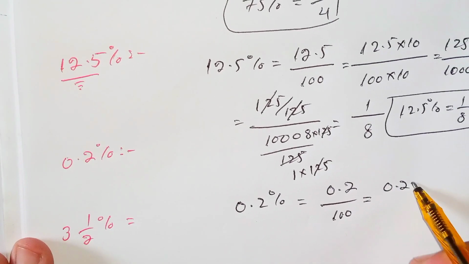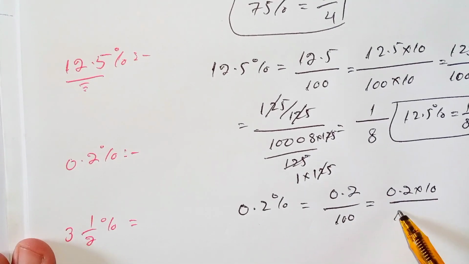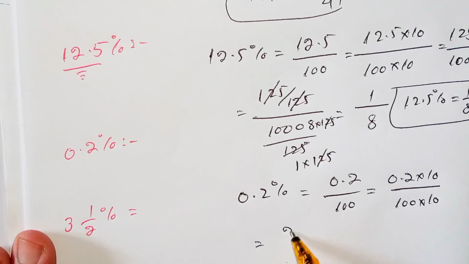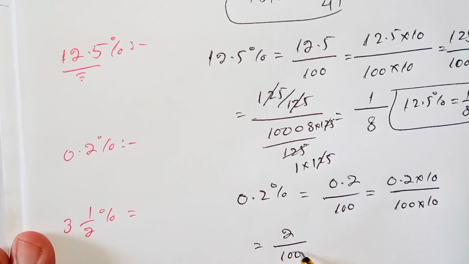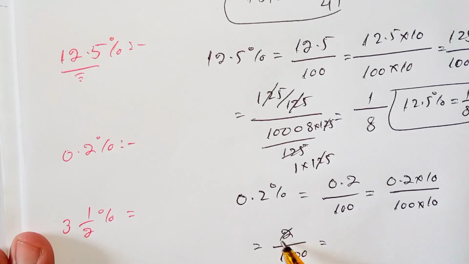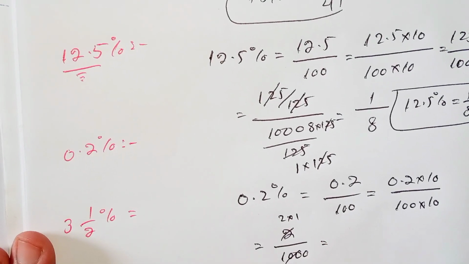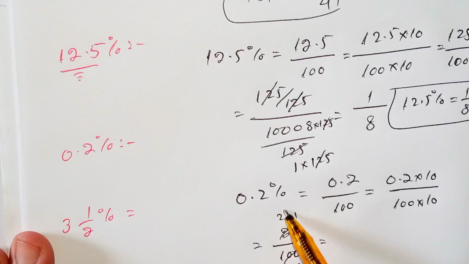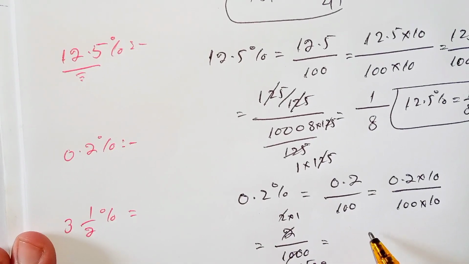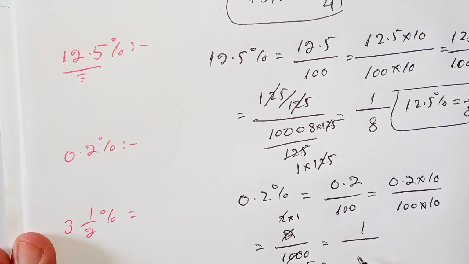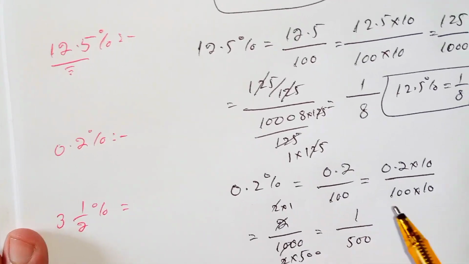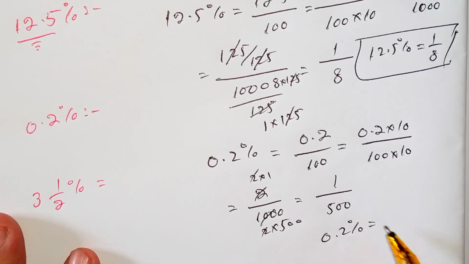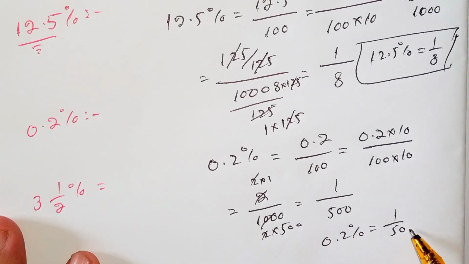So 0.2 multiplied by 10 divided by 100 multiplied by 10, which is equal to 2 over 1000, or 2 times 1 is 2 and 2 times 500 is equal to 1000. So cancel the 2 with 2 and then write the remaining terms, which is equal to 1 over 500. So 0.2% is equal to 1 over 500.